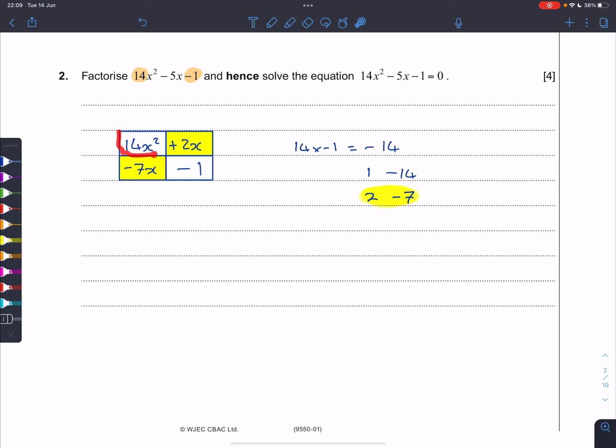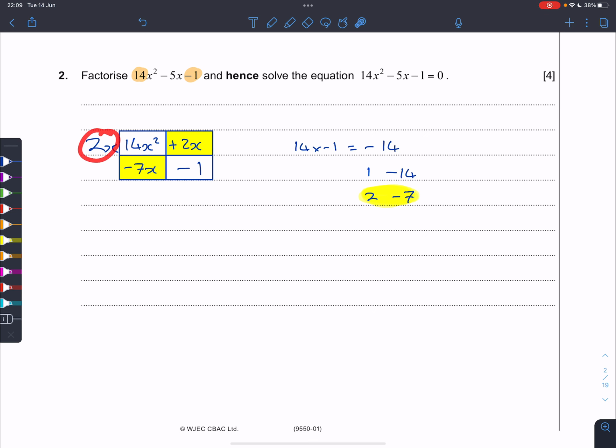Okay, now we're going to start looking at factorising on the top row. So if we start with the numbers, we got 14 and 2, both have a common factor of 2. X squared and x both have a common factor of x. That was like a little puzzle as we go through. So we know 2x times this value is 14x squared. Well, that's going to be 7x.